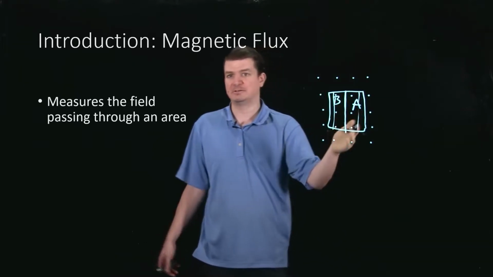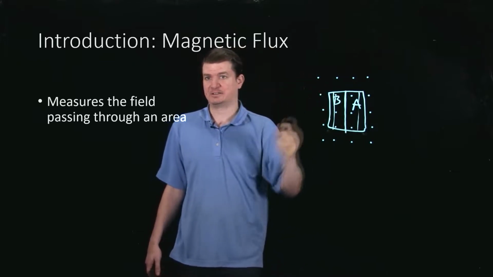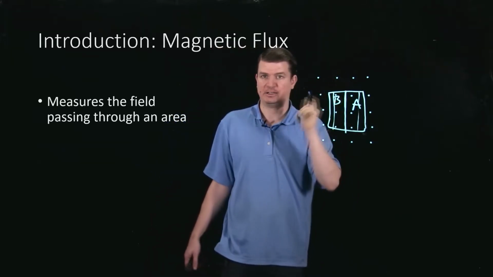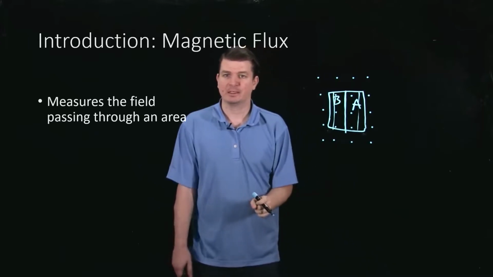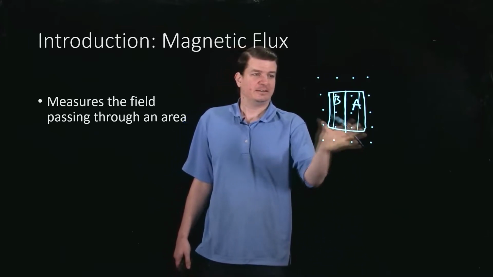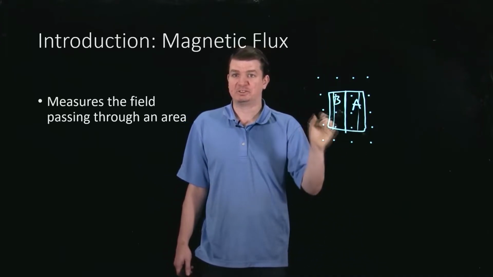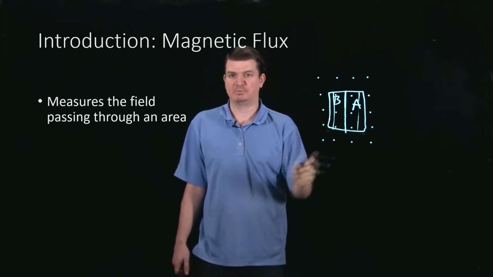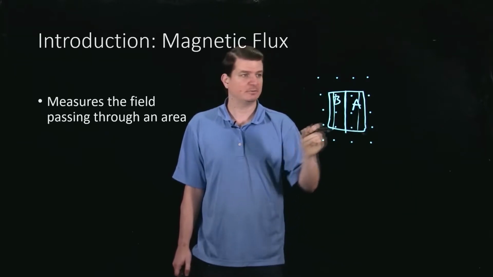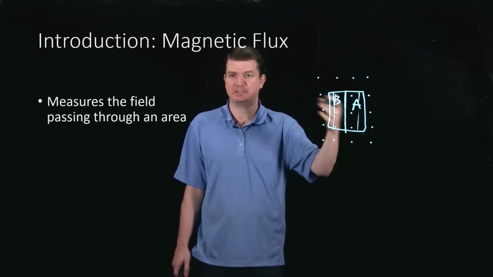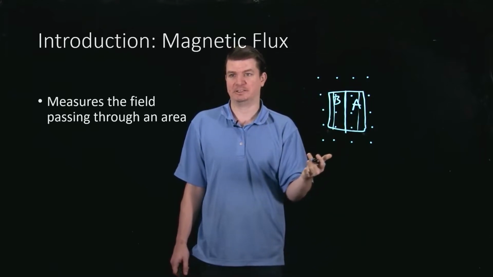At that point, there's no flux through it because it's just not presenting any surface area. It's just a line. It has no width. So I need to know something about the projected area of that shape, not so much its absolute area, in order to talk about how much field is really passing through the surface.